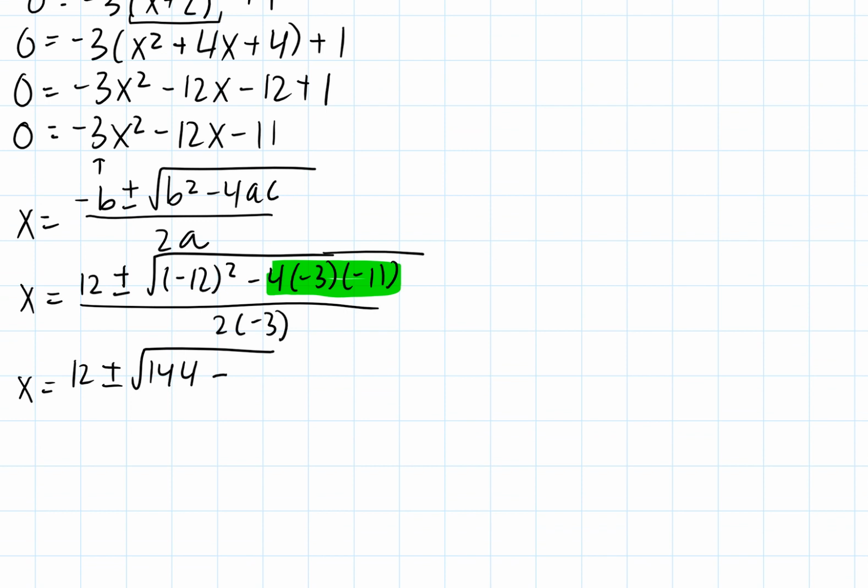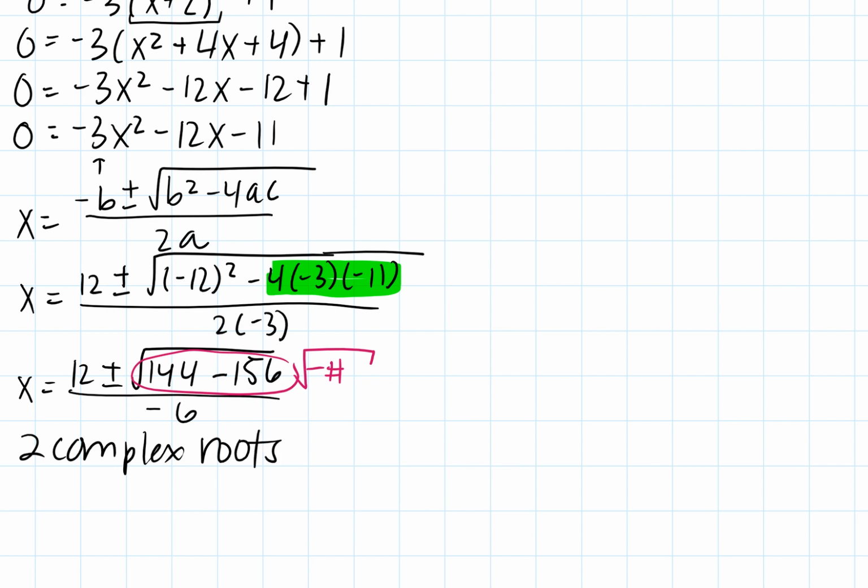So this negative times this negative will make a positive, so we're subtracting 156. I can actually pause here. I notice I'm going to get a negative number underneath the square root. So these are imaginary roots, or two complex roots. That means the function's not actually going to touch the x-axis.